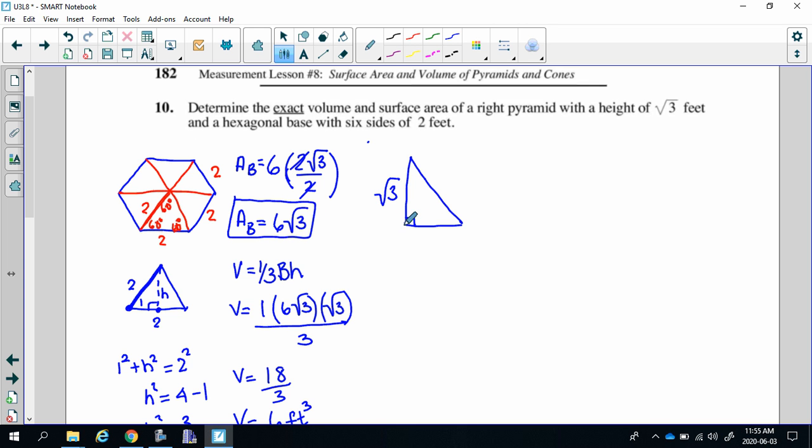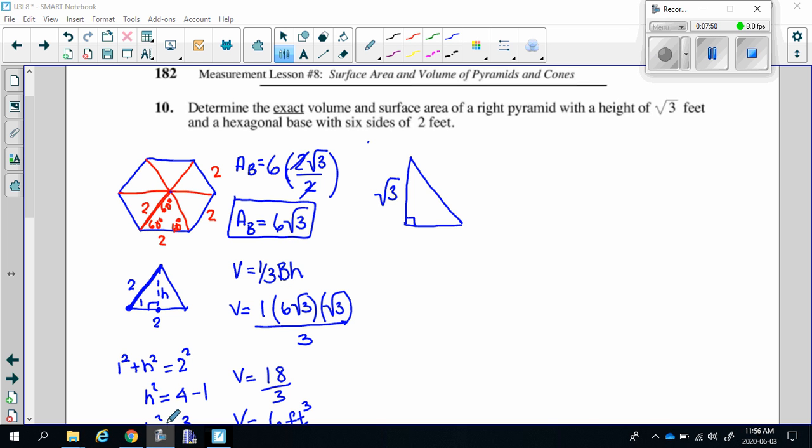So this is my height of my pyramid. We found this, just a minute here. I just have to kind of picture this. Give me 2 seconds here. I'm going to pause for a sec just to get my orientation down.